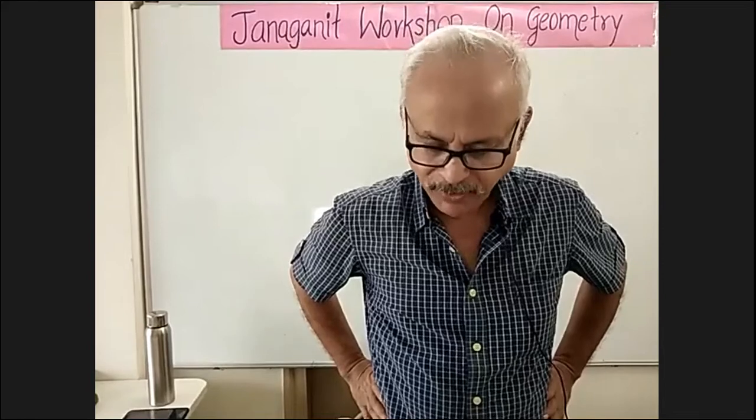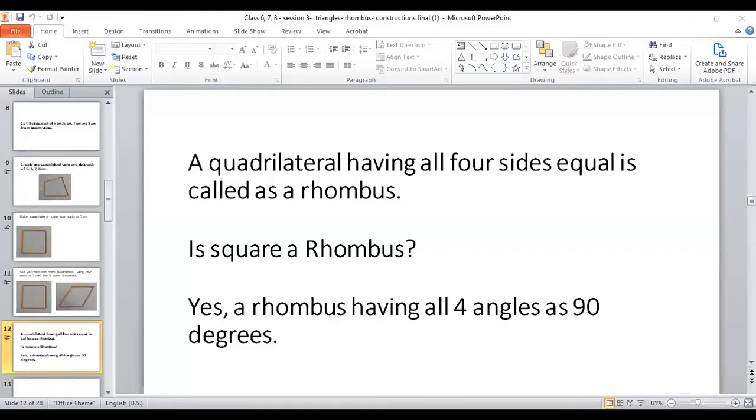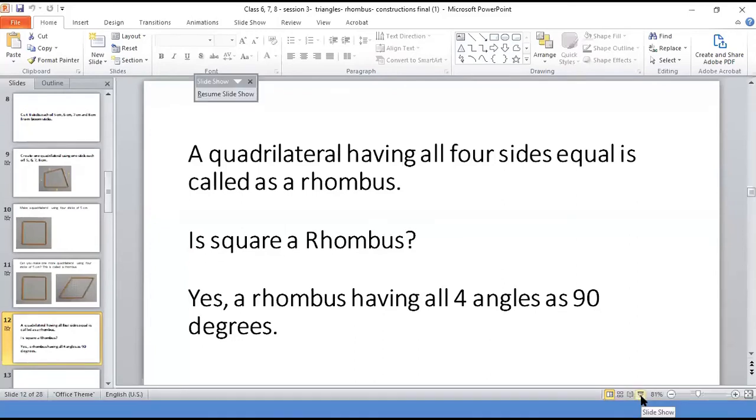Now let's go back to the slide projector and go back to the slides and see what we have been doing. Arnav has been doing it in one way. I have been doing it in another way. Let's see what the slide presentation tells us. So we draw a rhombus.